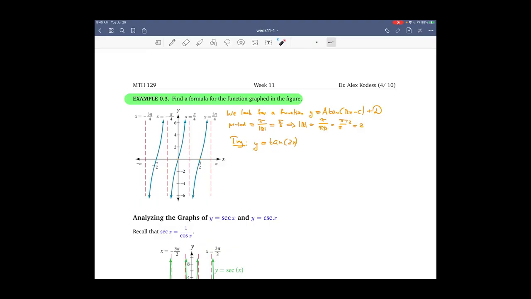The period instead of pi is pi over 2. And that looks like our function, our graph. For either of the two examples, you can use Desmos to confirm that both guesses are correct. These are variations of the standard tangent function.